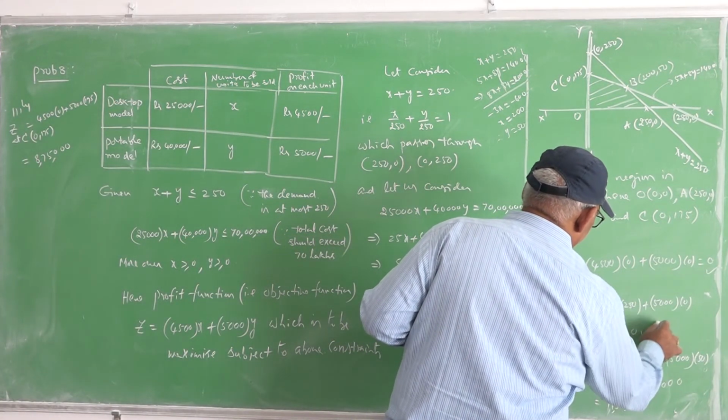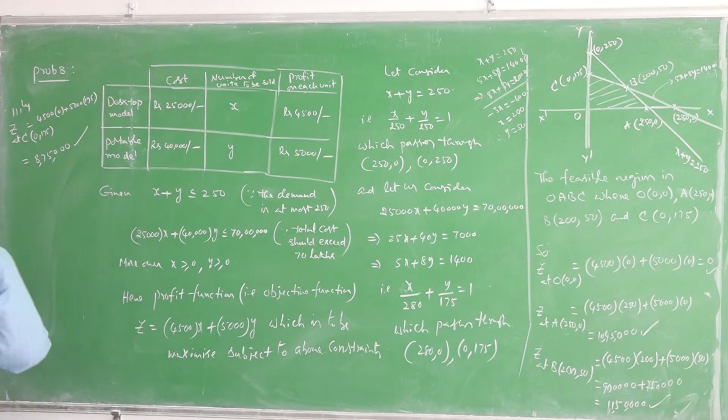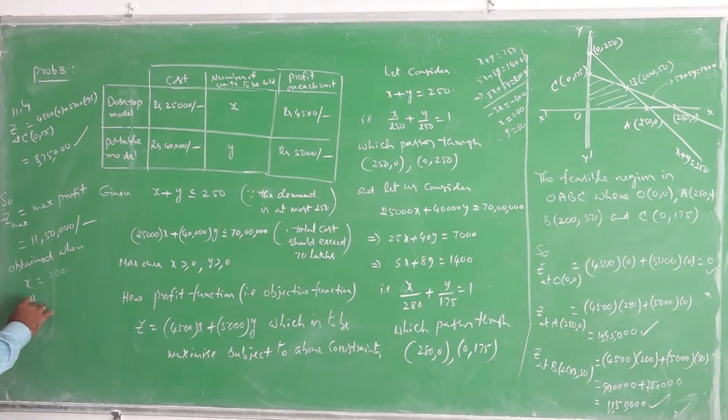Out of all these values, the maximum profit, Z maximum, is obtained at B, 11 lakhs 50,000, obtained when x takes the value 200 and y takes the value 50.